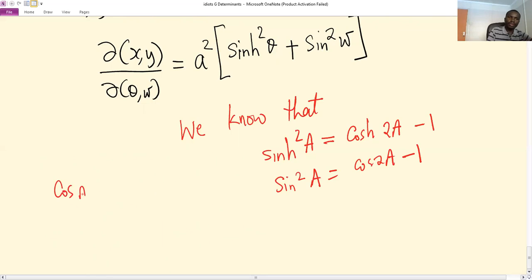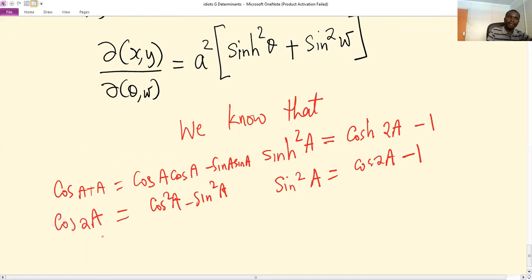Let's just say cos of A plus A is cosine of A, cosine of A minus sine of A, sine of A. So cos squared A minus sine squared A equals cos 2A, which means cos 2A is the same as cos squared A minus sine squared A.